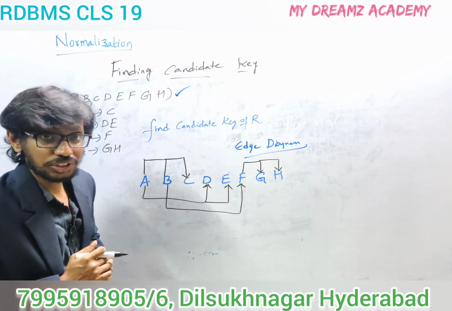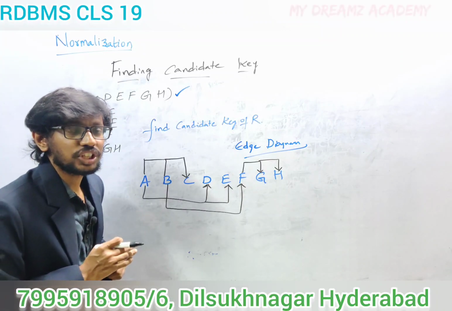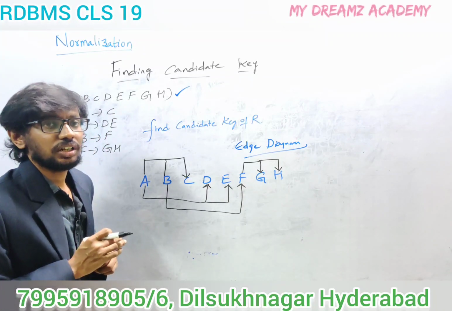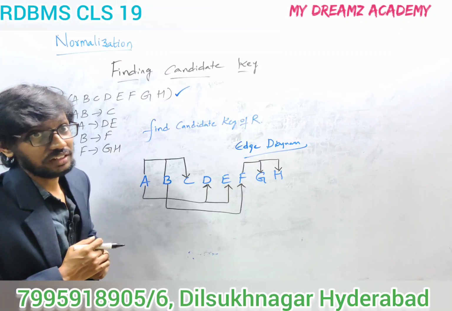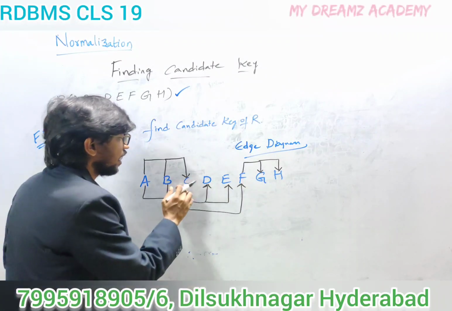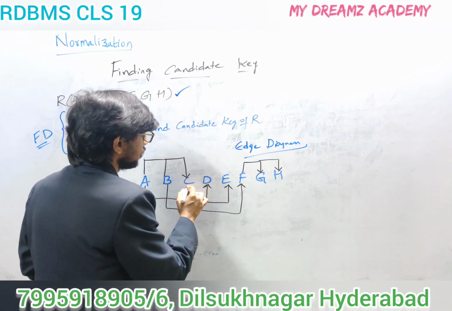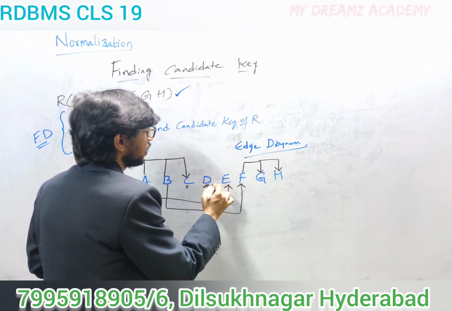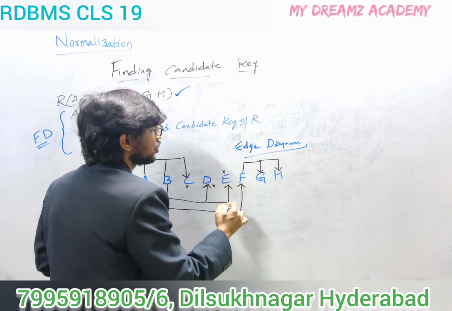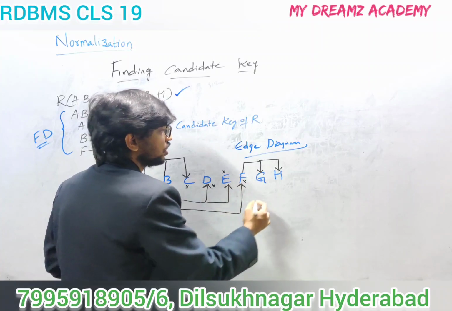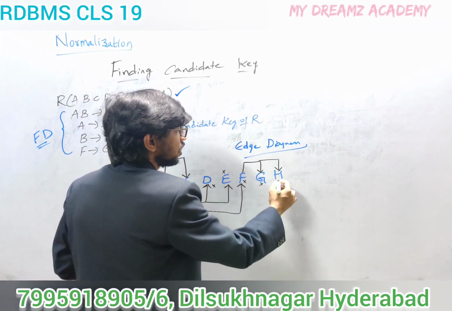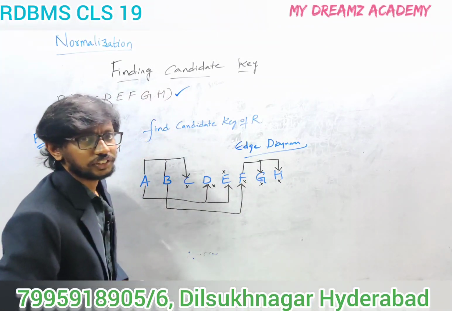Now, what is that conclusion? How many attributes have incoming edges? Now, let us see. C has an incoming edge, D has an incoming edge, E has an incoming edge, F has an incoming edge, G has an incoming edge, and H has an incoming edge.